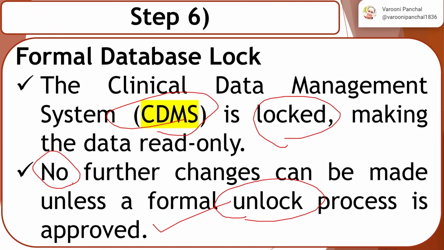So always maintain the documentation and follow the proper process of transparency and integrity in the organization. Once the DBL is locked, you cannot unlock it unless you have received approval from all the stakeholders and have valid and rational reasons for unlocking it.